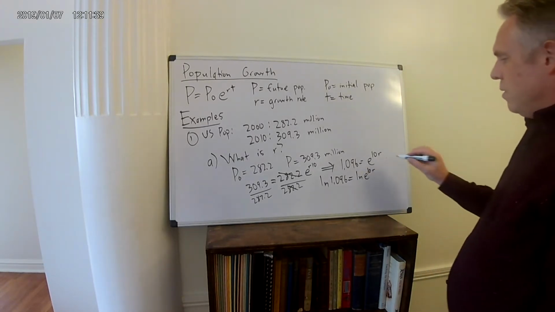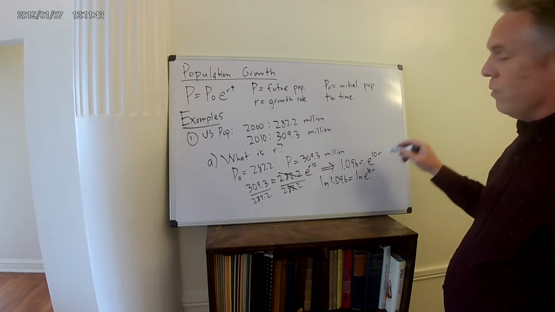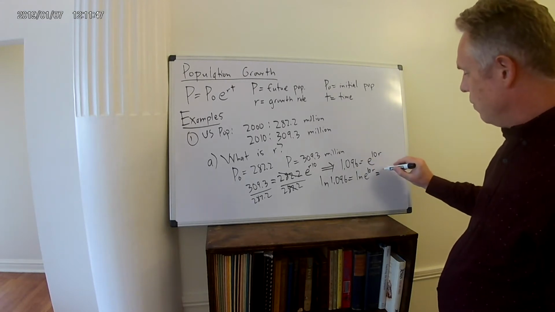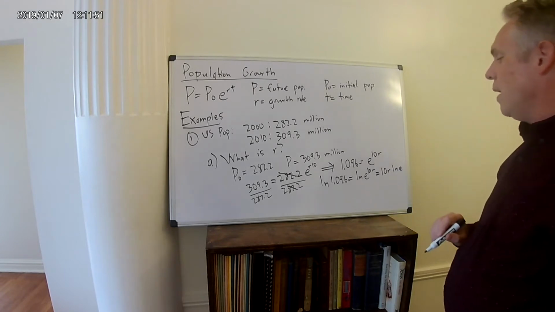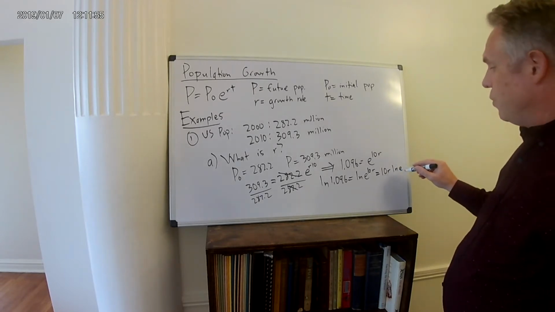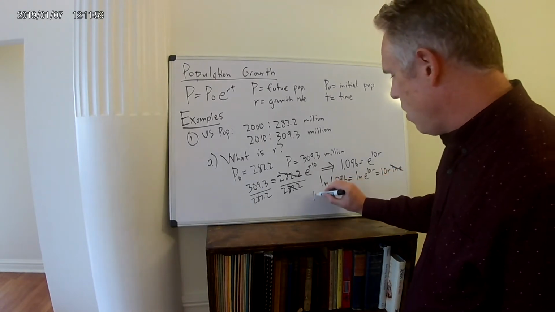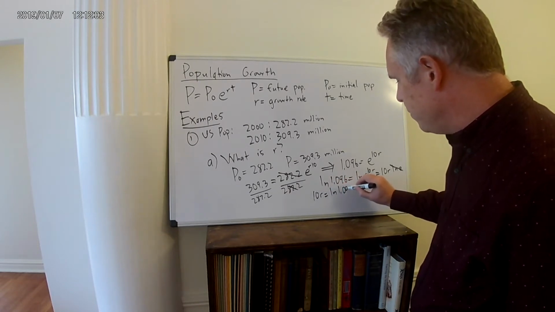We're going to use the power property, which says if we take the natural log of something raised to a power, we can bring this power in front. So this will equal 10r times the natural log of e. The natural log of e is just 1, so that goes away. Now we have 10r equals the natural log of 1.096.